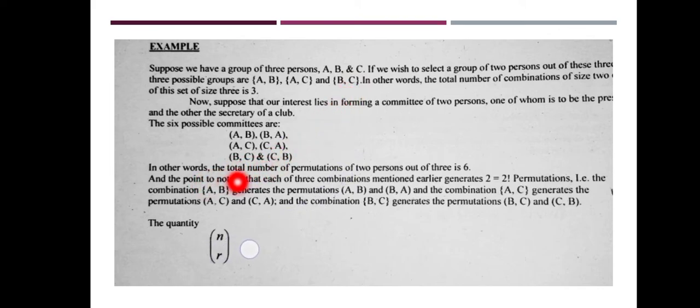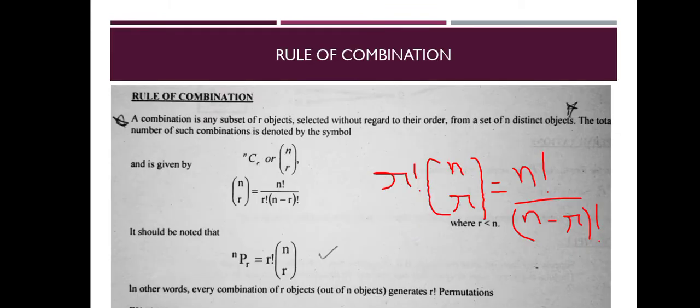In other words, the total number of permutations of 2 persons out of 3 is 6. The number of permutations is 6 and the number of combinations is 3. The point to note is that each of the 3 combinations mentioned earlier generates 2, which is 2 factorial, permutations. In other words, every combination of r objects generates r factorial permutations.